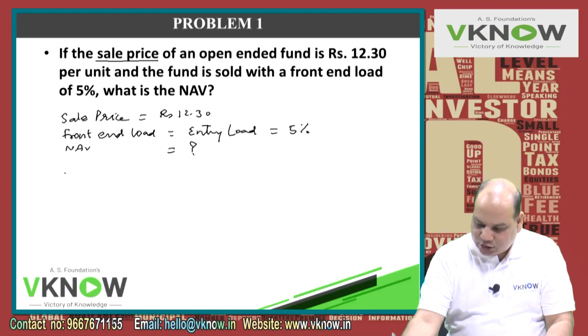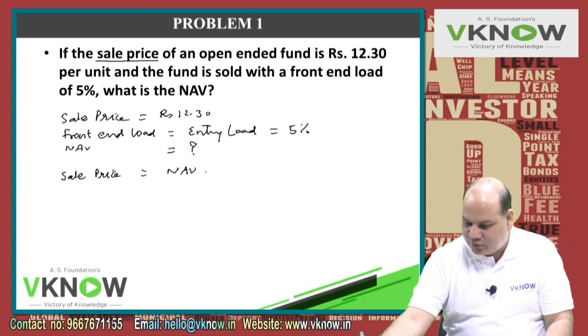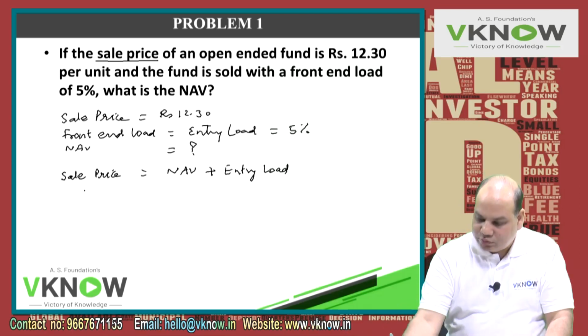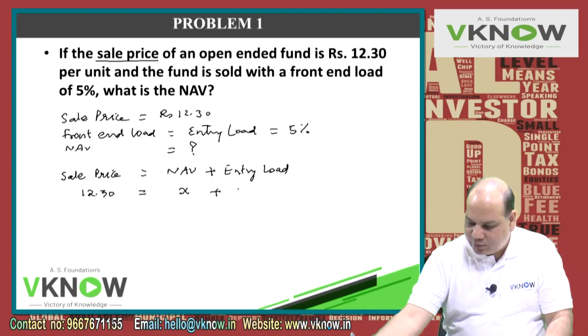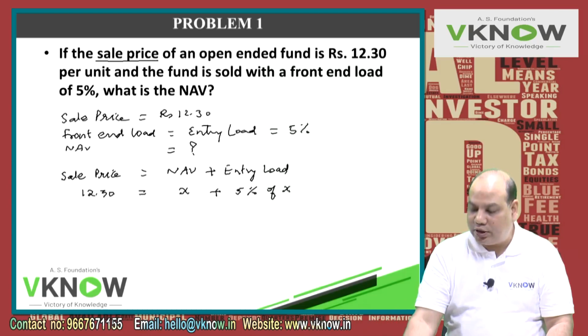The formula for calculating sale price is NAV plus entry load. So the equation will be 12.30 equal to, let NAV be X and entry load will be 5% of X. Entry load is on NAV, not on sale price.